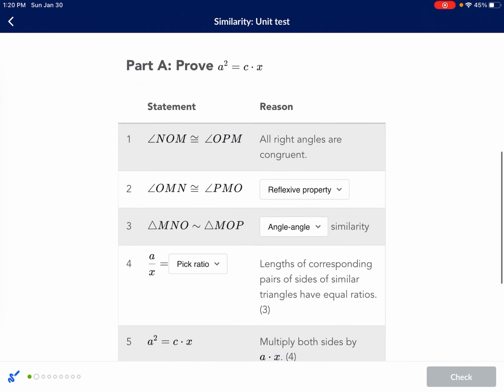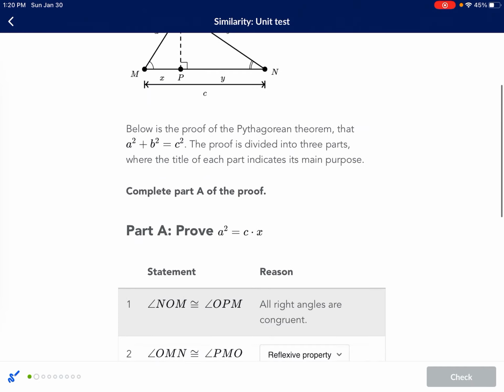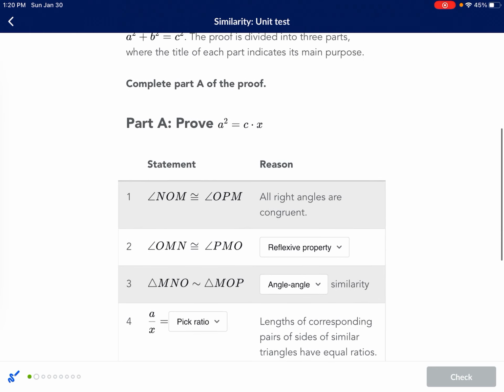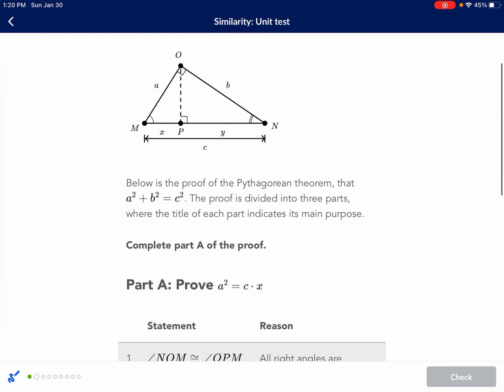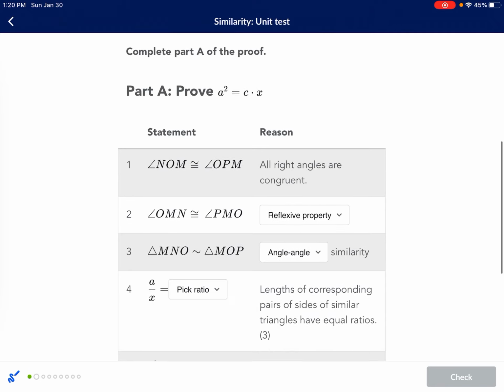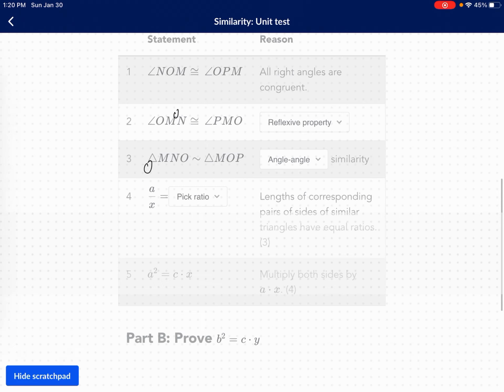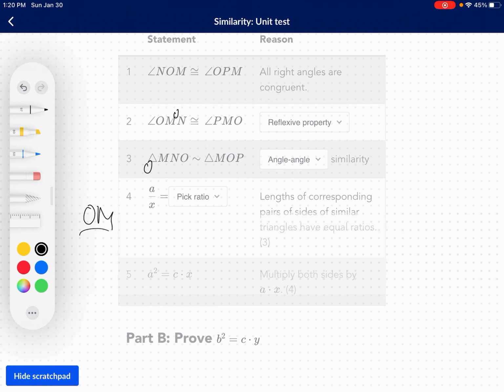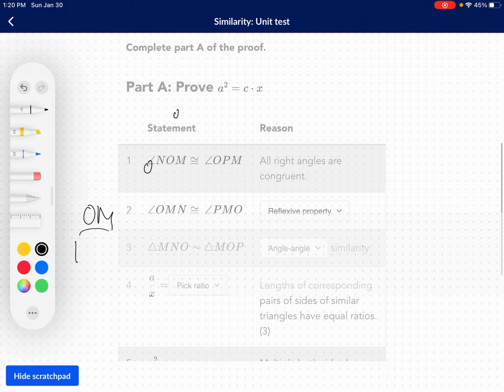That does not look like that is correct. So A is OM. I need to write this down. A is OM, X is MP. So OM over MP.